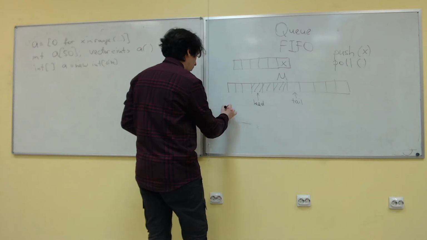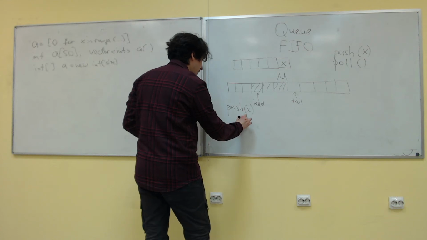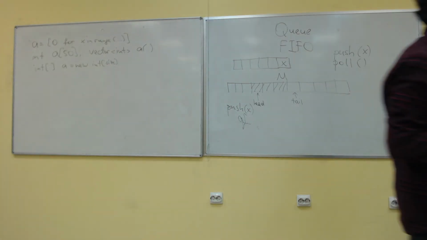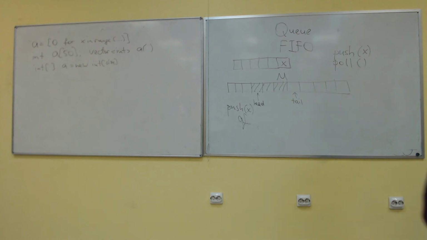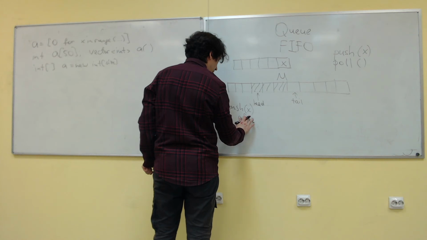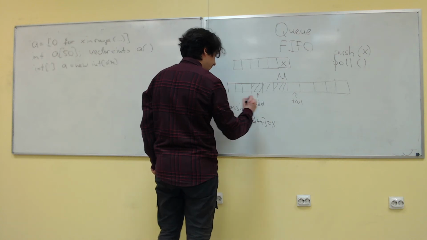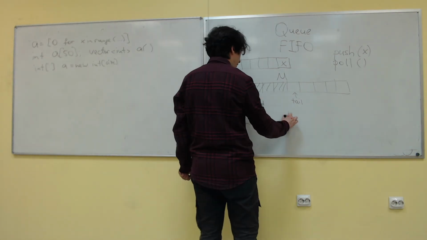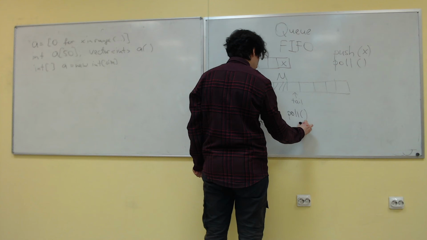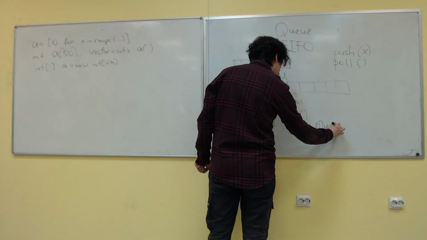So then how will push be implemented? Push X. We just say array Q, and we put it at the back, in tail, so we make Q[tail++] equals X. Then you have poll, which will return Q[head++].